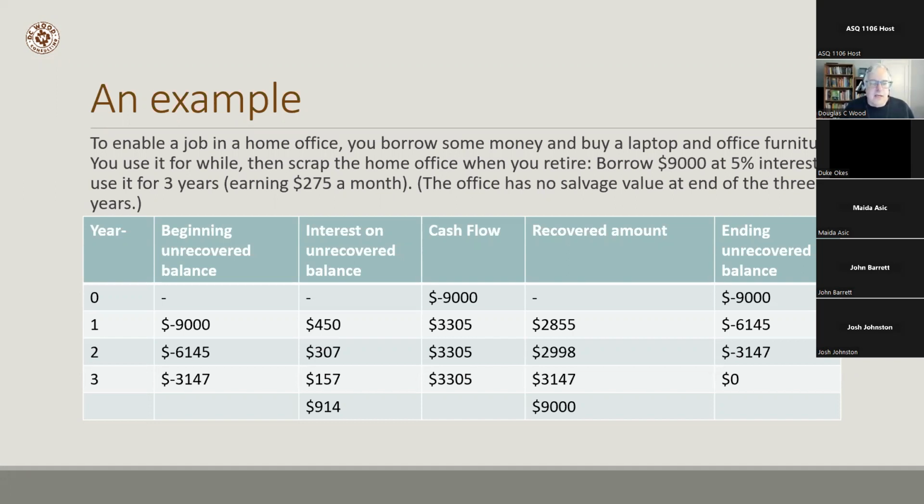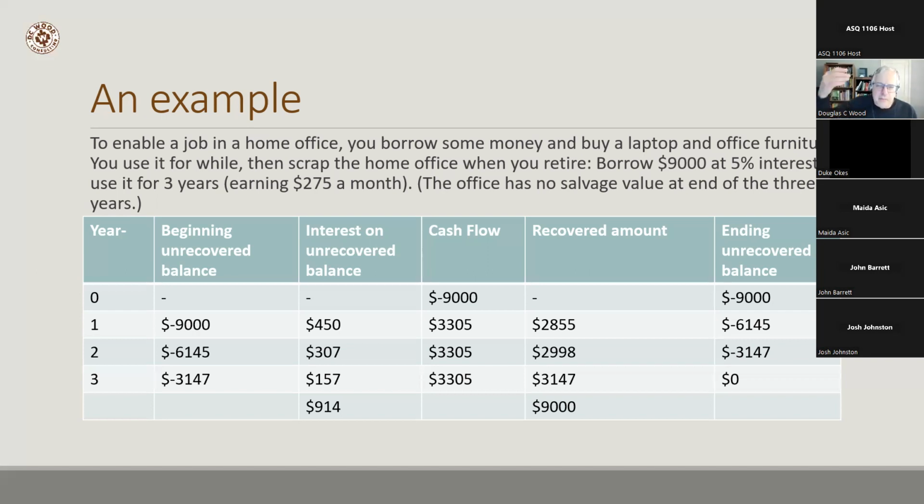And so in year 0, initially, there's no unrecovered balance. But at year 1, that's the $9,000 you borrowed. It has not been recovered. And there's a certain amount of interest that you would have to pay on that, 5% interest. And then there's a cash flow.